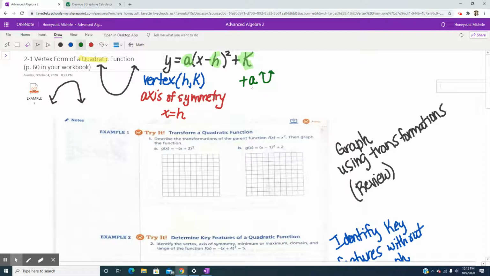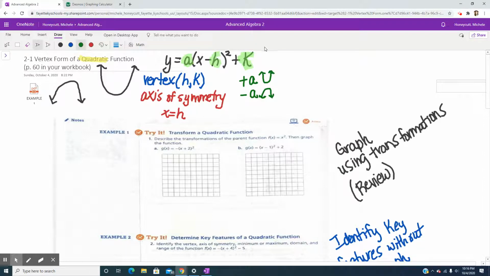If that a value is negative, like things are going negative in life, you're probably sad. You're probably making a sad face. So you can tell if your parabola is going to open up or down based on the a value. The a value, last chapter we also talked about as being the vertical stretch or shrink. And that same thing goes in this scenario too.